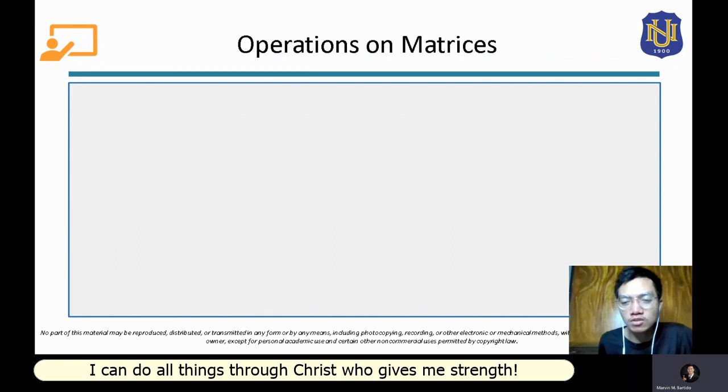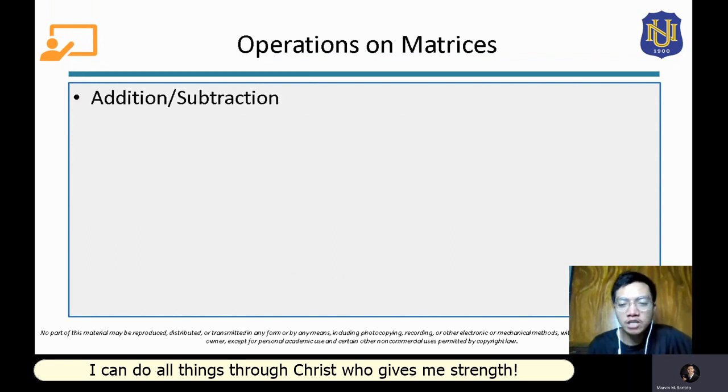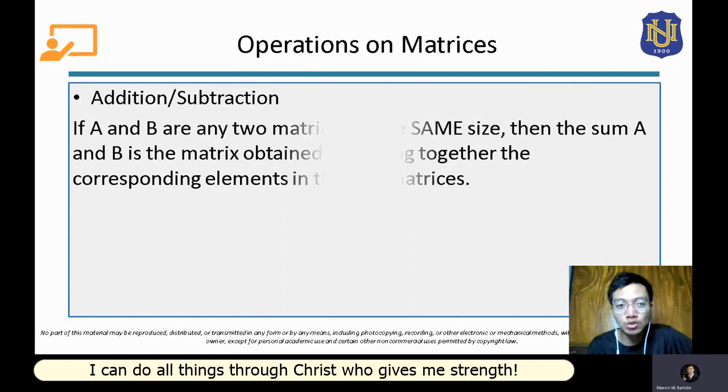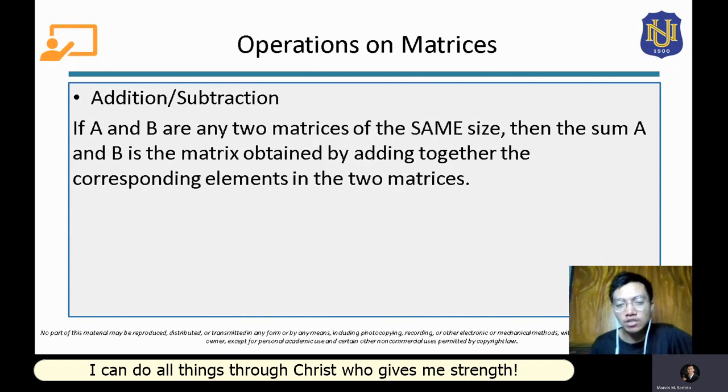Now, let's proceed to the operations on matrices. The first operation is addition or subtraction. Our rule for addition and subtraction of matrices is this: if A and B are any two matrices of the same size, the matrices that you are adding should be the same size so that you can add them. Then the sum of A and B is the matrix obtained by adding together the corresponding elements in the two matrices.